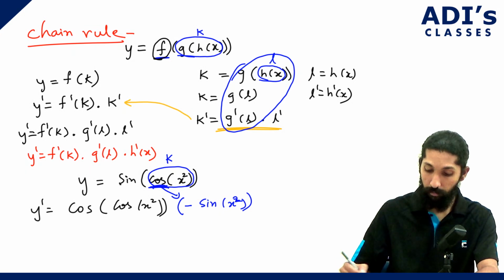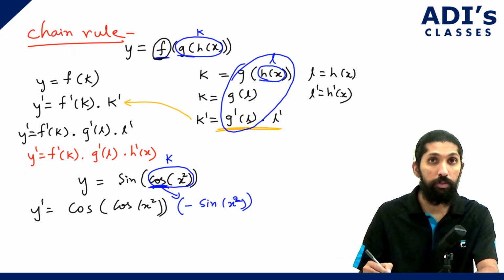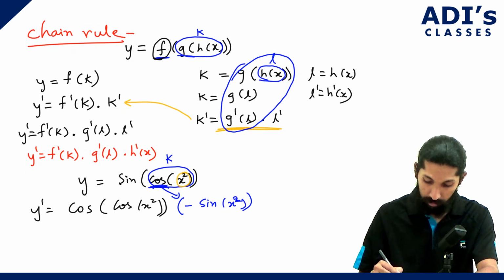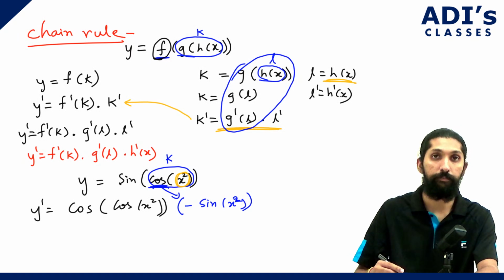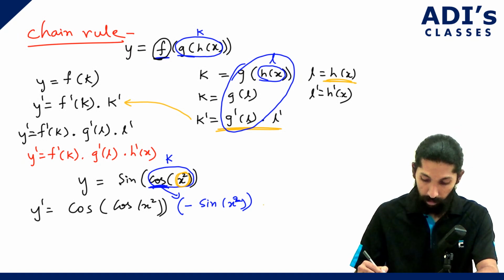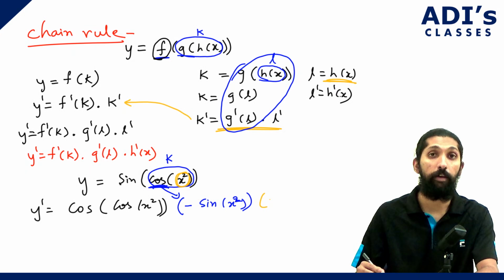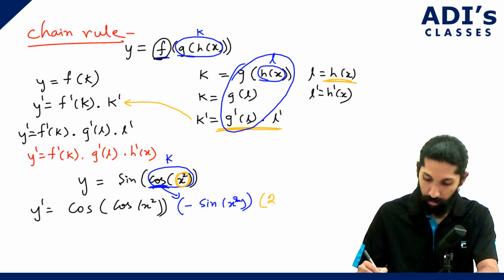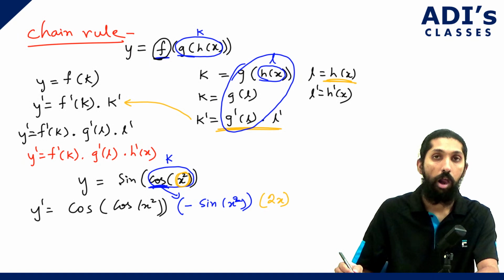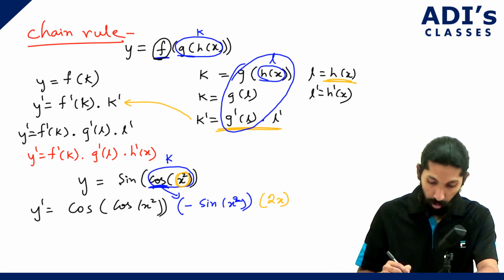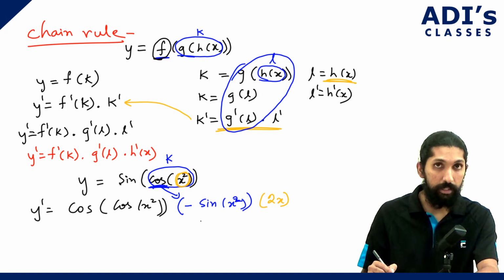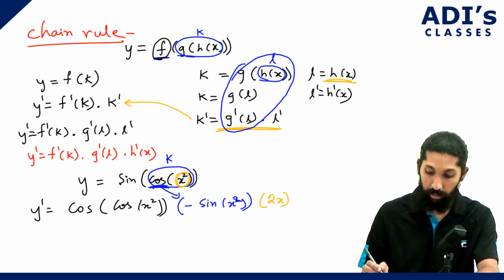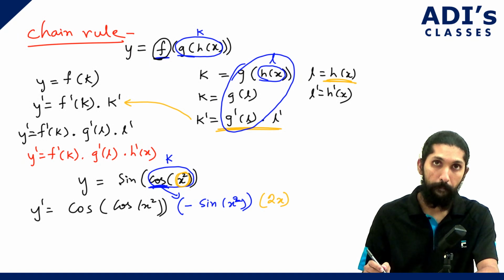Now, what is the innermost function? Innermost function is x square. That's like saying h of x, isn't it? When you do that, what is the derivative of x square? 2x. So what did we get? Cos of cos x square into minus sin x square into 2x, isn't it?